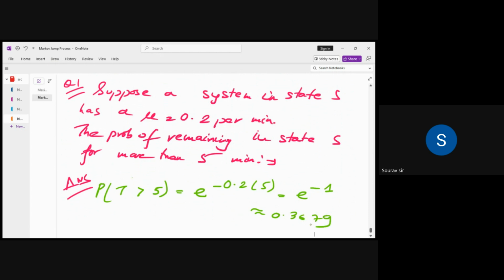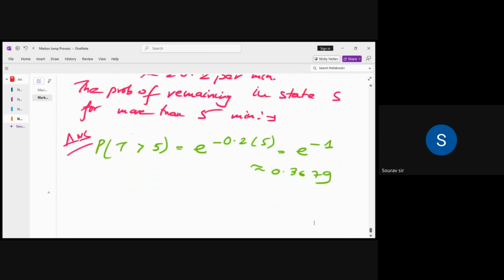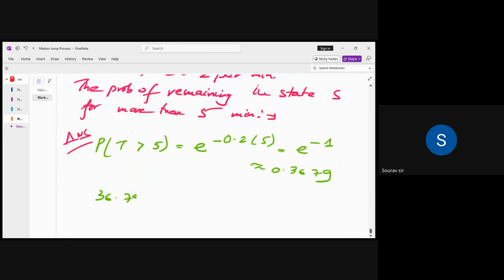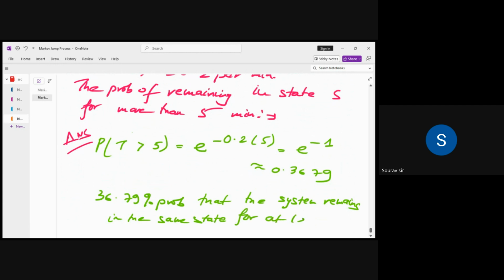So that means there is a 36.79 percent probability that the system remains in the same state for at least 5 minutes.